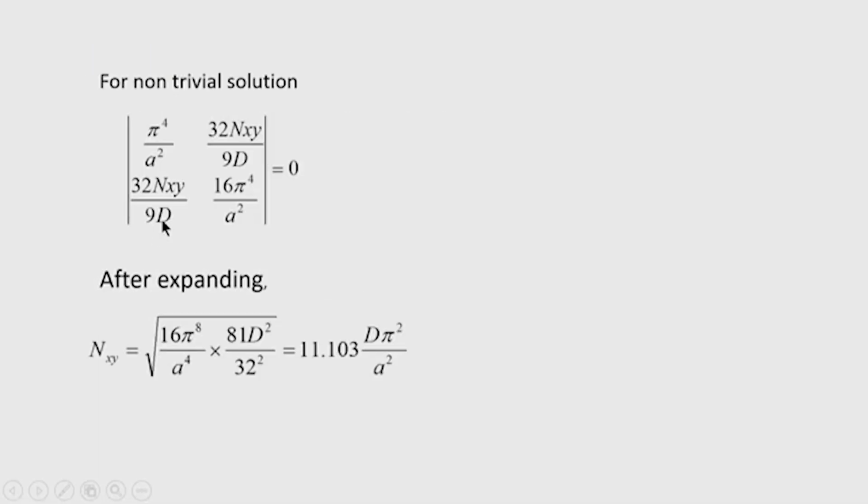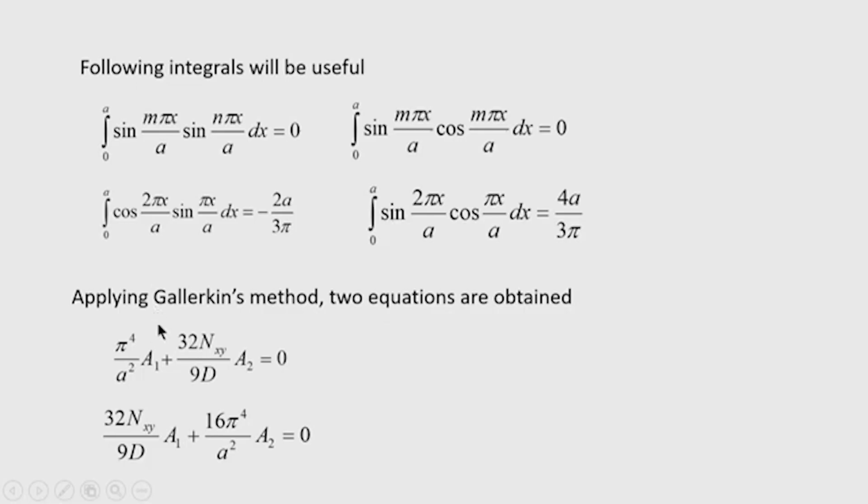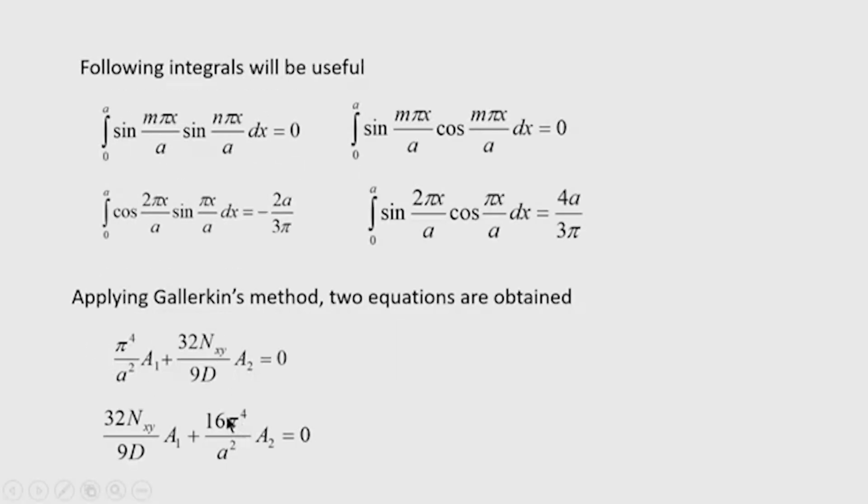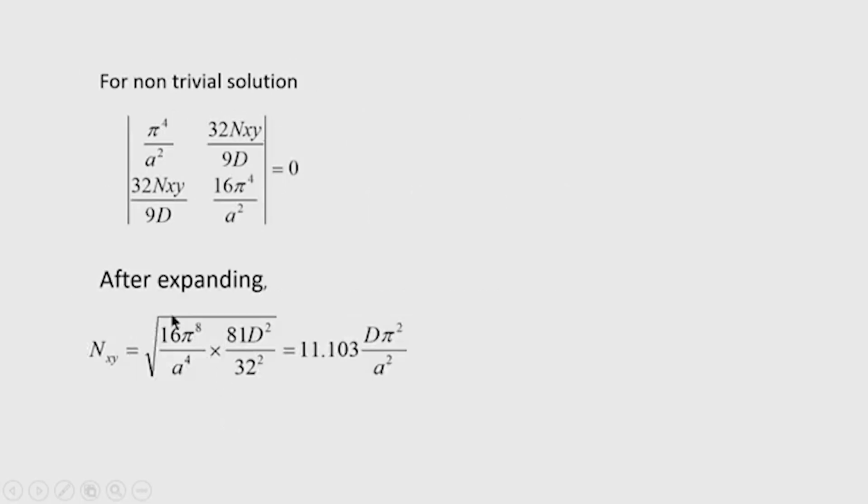From the second equation we pick up this coefficient in the first column, second row, and this term for the second row, second column.